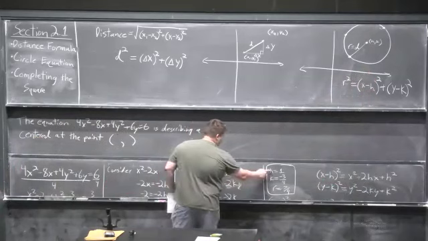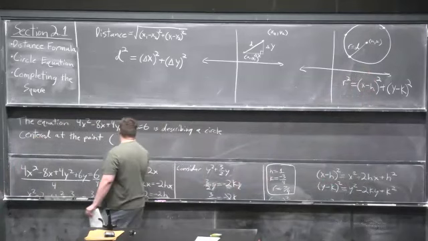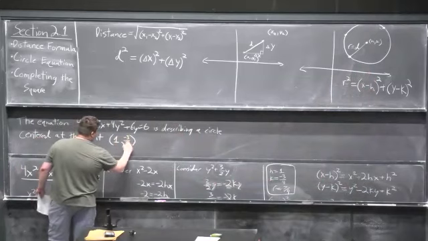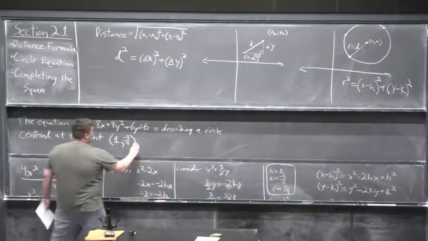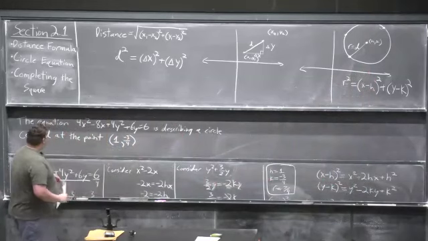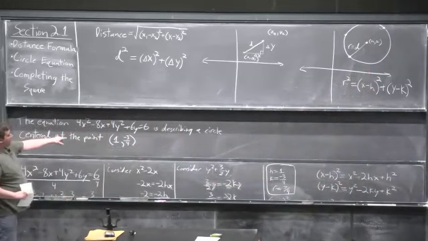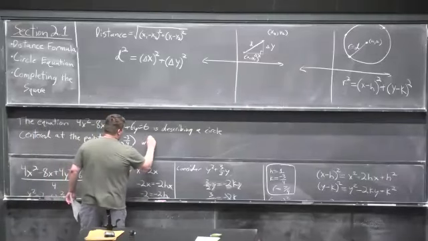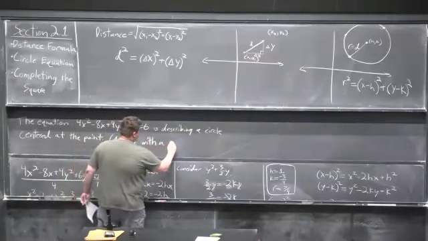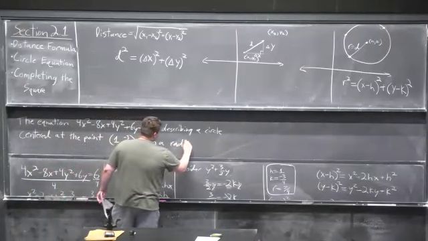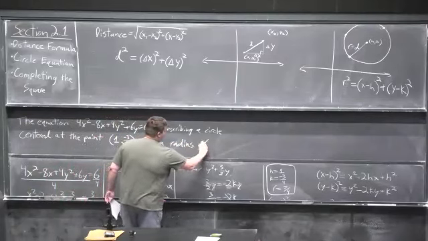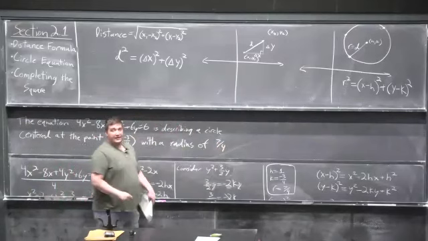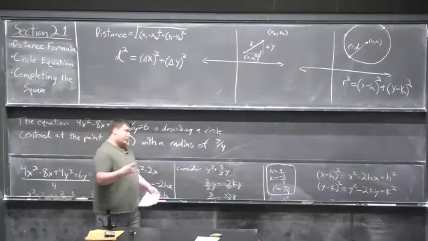So what's my h? 1. What's my k? -3/4. So I'm going to write (1, -3/4). I'm going to look back and say, okay, where am I at? I'm centered on the point (1, -3/4), with a radius of 7/4. 7/4 what?